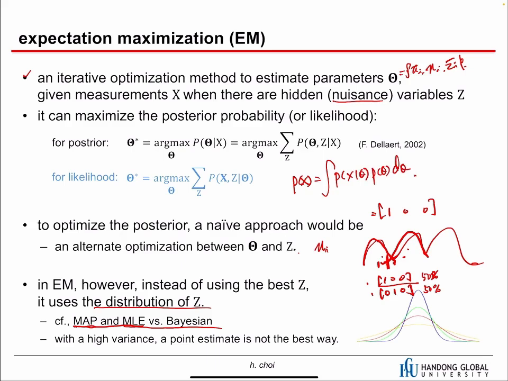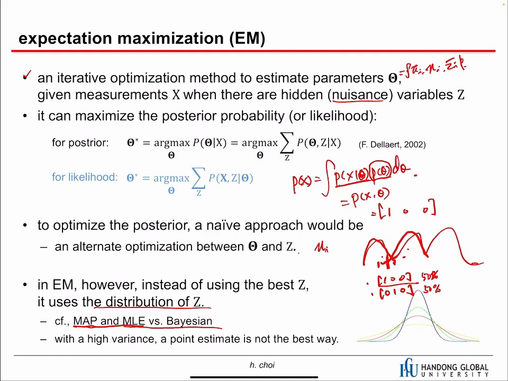This is a marginalization. With different probabilities we select theta, and then given this theta, we model the probability of X. So we don't pick the best theta.